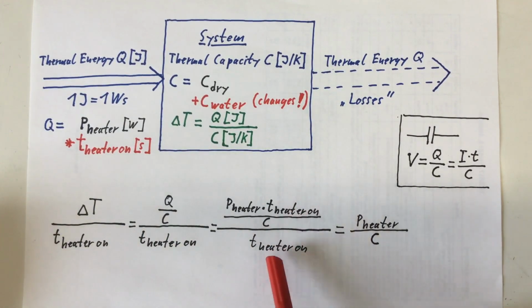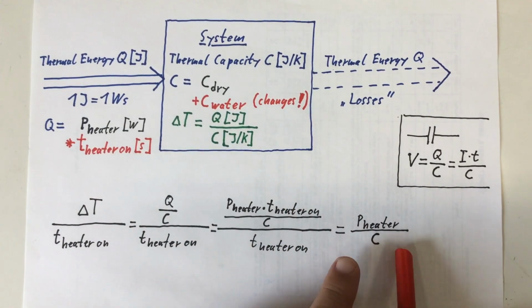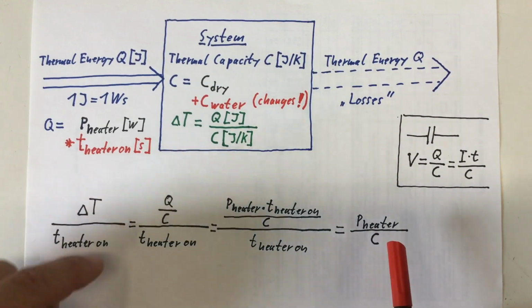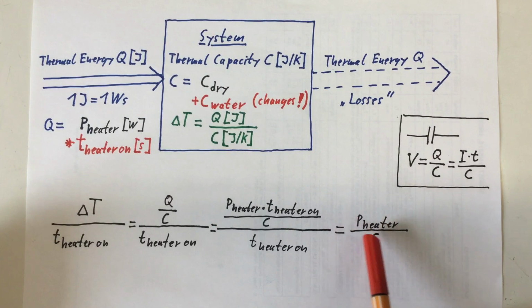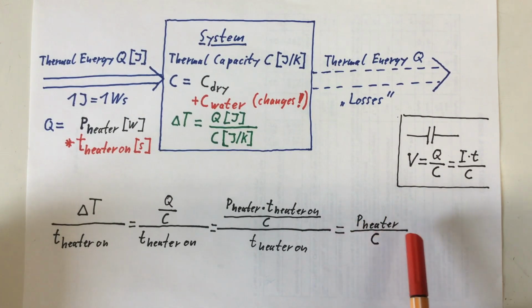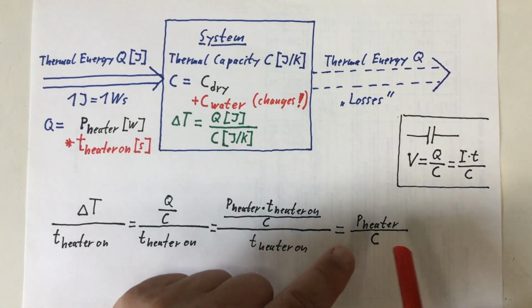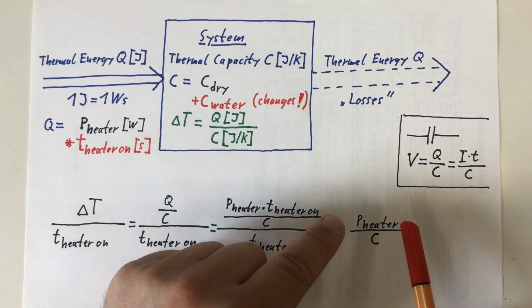We can drop the heater time, and this leaves us with the thing we measured: the power of the heater over the thermal capacity of the system.